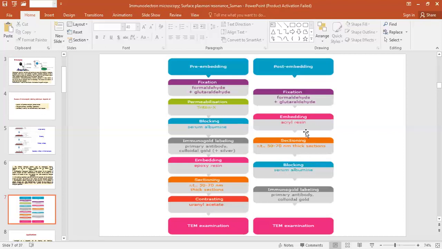After that, we get very thin, ultrathin tissue sections. We use a blocking agent, meaning BSA. Then we go for immunogold labeling and observation under the transmission electron microscope. So this is the difference between pre-embedding and post-embedding.